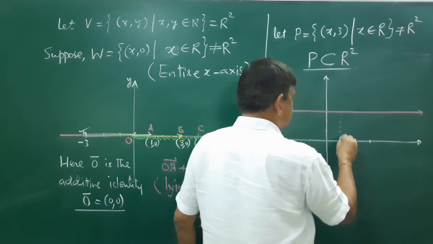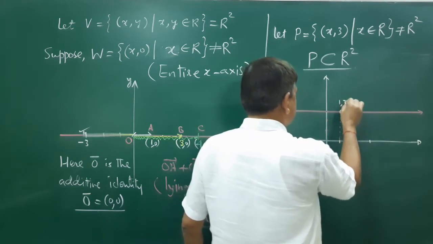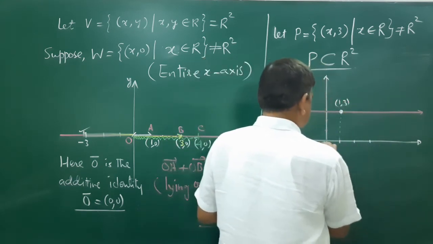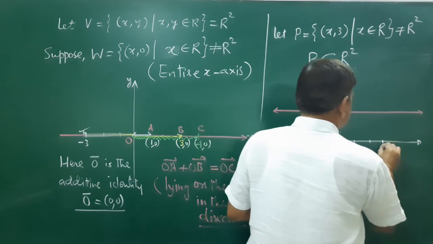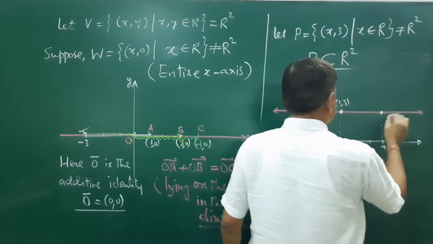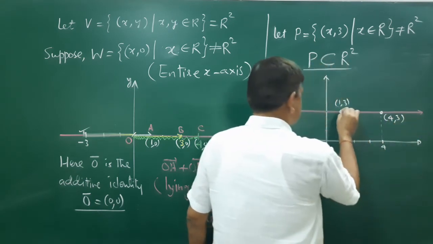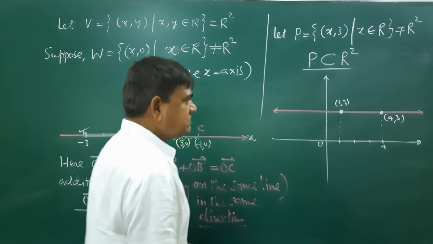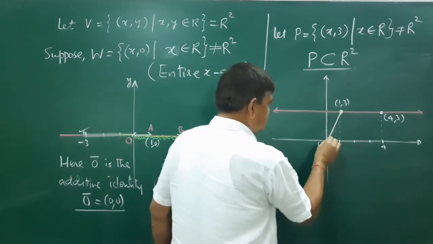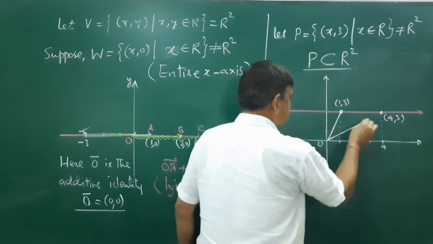Suppose this point is 1, 3, and this is 4, 3. These 2 points. So what is the position vector? Just like this, and it is this.